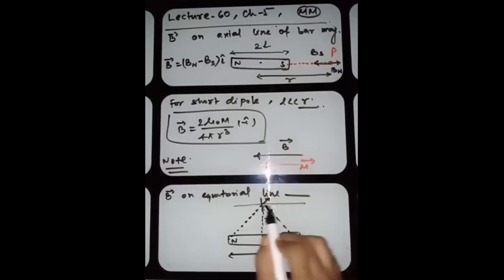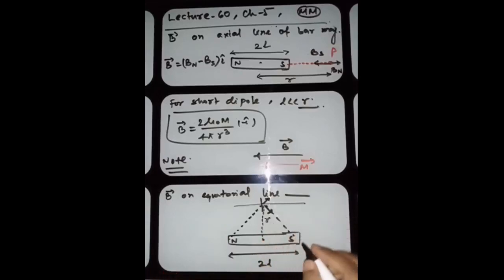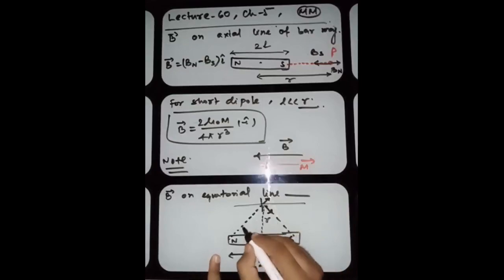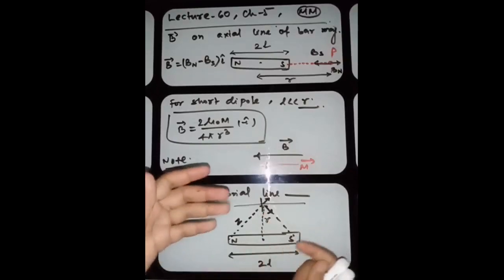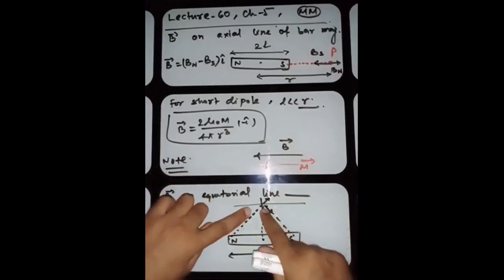The net magnetic field will be obtained in this direction. And this distance, if it is 2L, then this will be L, and this is R already. If this distance is Z, then Z can be written as root under R square plus L square. You will have to use this Z while finding the magnetic field.